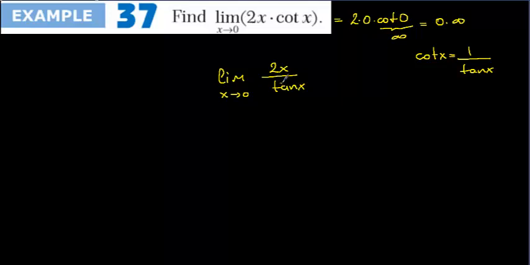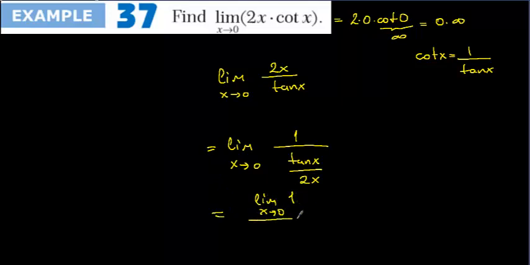And if you remember from the limit combination theorem, we can write this one as limit x tends to 0 of 1 over tangent x over 2x, which is equal to 1 over the limit x tends to 0 of tangent x over 2x.